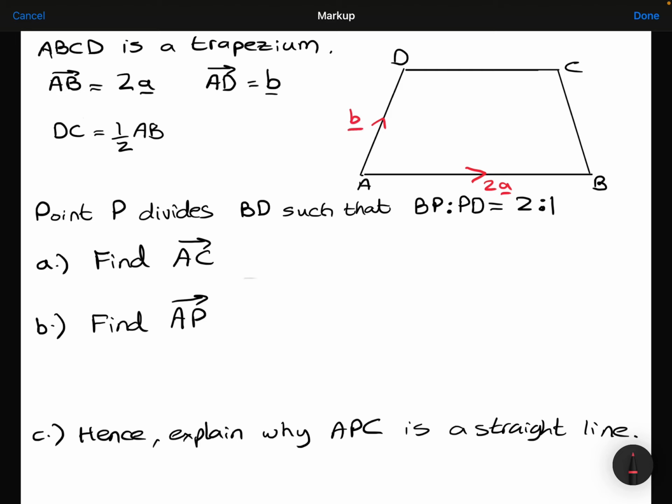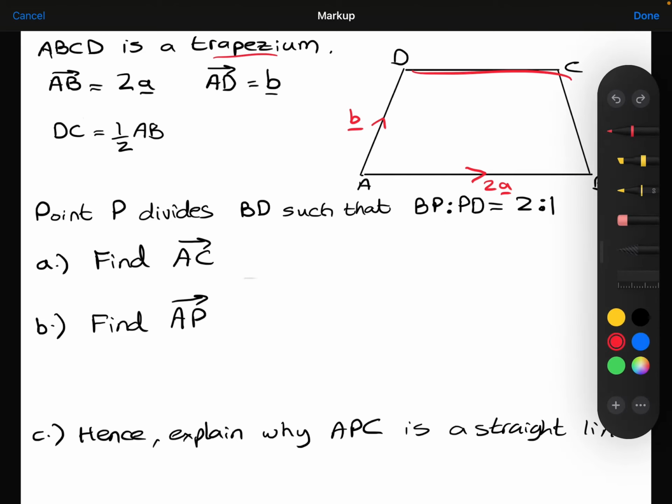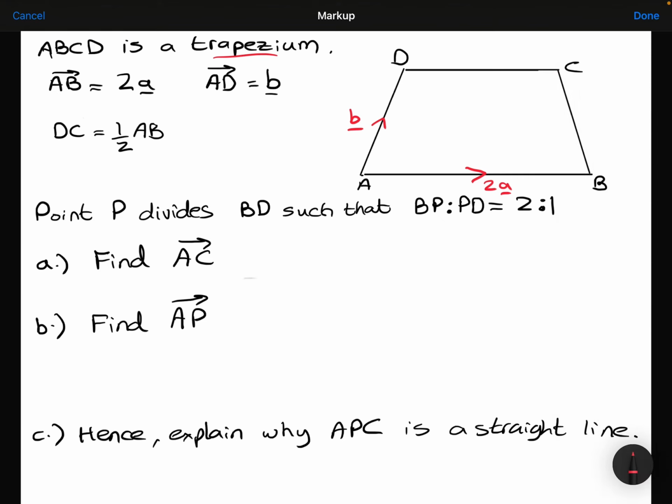And I'm told that DC is half of AB. I also know that DC is parallel to AB because it's a trapezium. If it's a trapezium, I know these two lines have to be parallel and therefore in the same direction. So if it's in the same direction as 2a but half as big, it's just a.